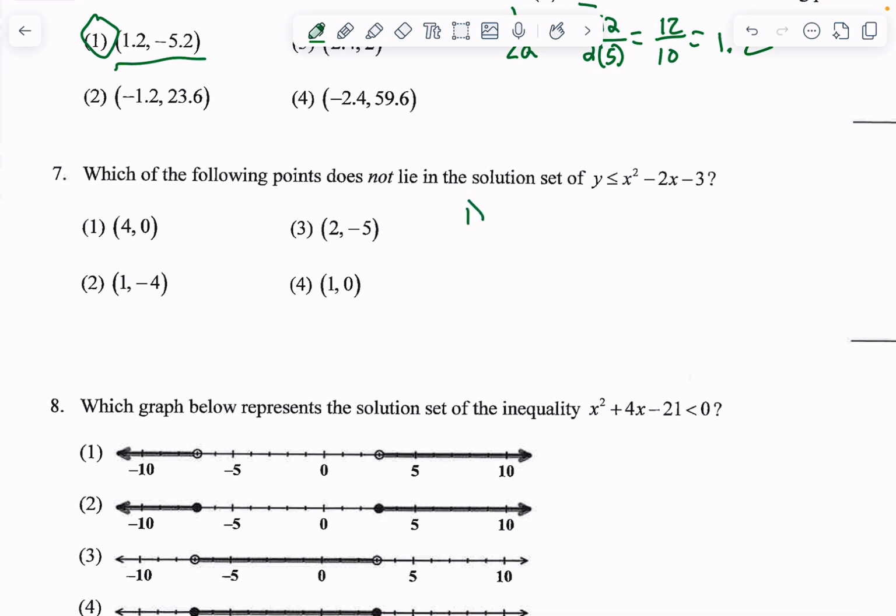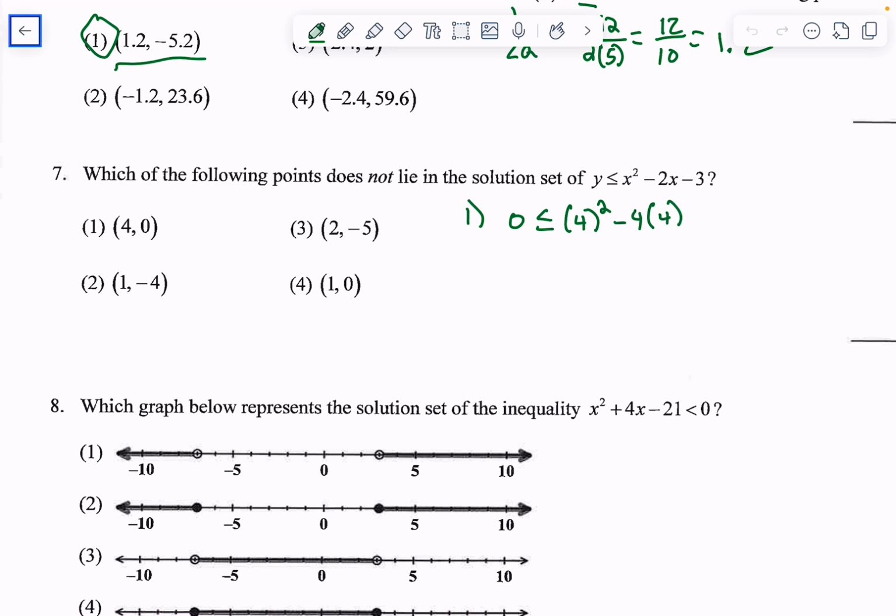Okay, so number 1, if we put in 0 is less than or equal to 4 squared minus 2 times 4 minus 3.